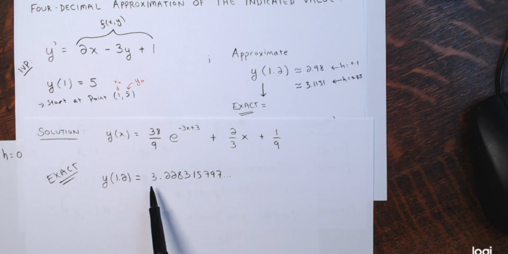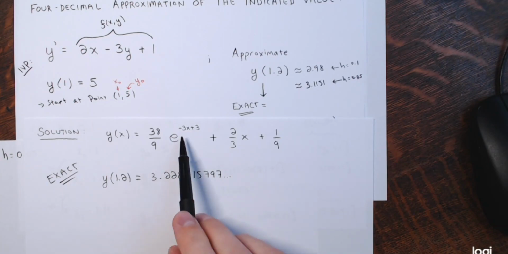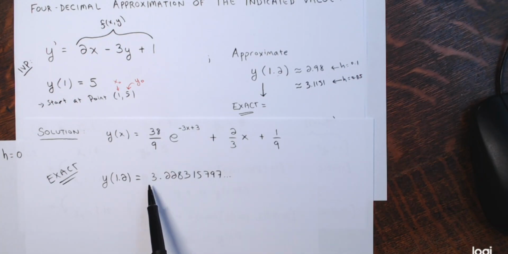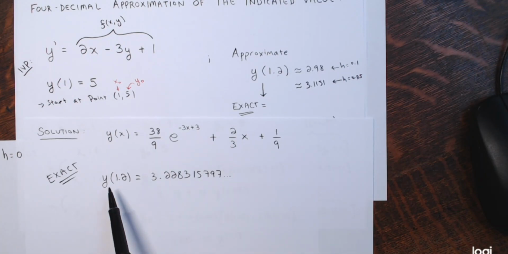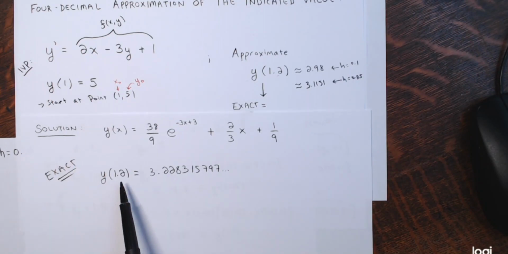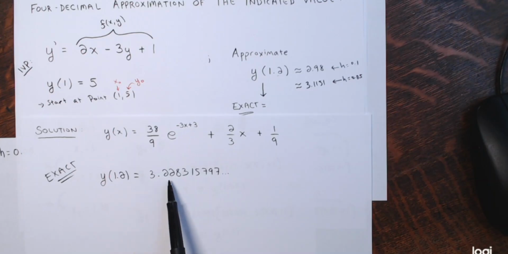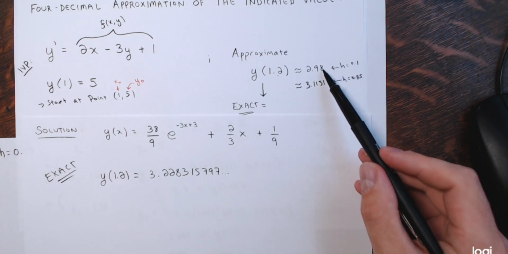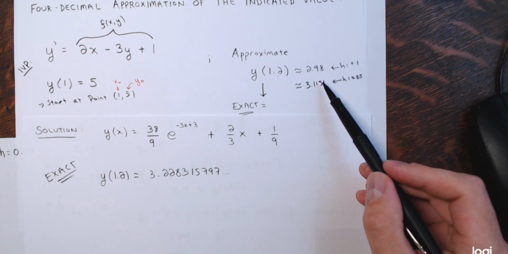This is entering 1.2 in for x here and here. So the exact value of the solution to this initial value problem at x equals 1.2 is 3.22831579. See how I was getting a little more accurate with Euler's method as h got smaller?